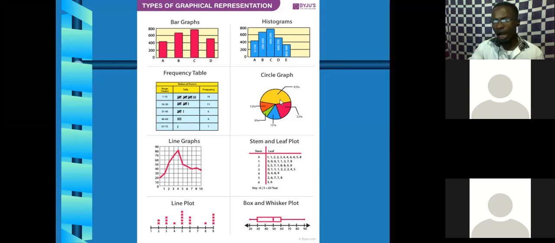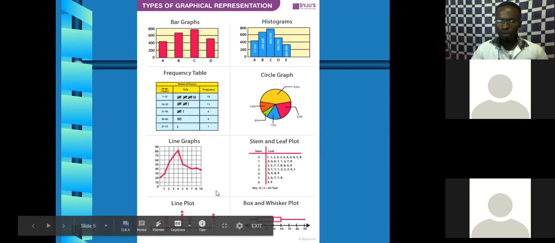So the larger the angle, for example, in this case, this is 45%, and we have a larger angle there. So you can see that this is the one which has the highest frequency, followed by this one, and so on. So the larger the sector, the higher the frequency.